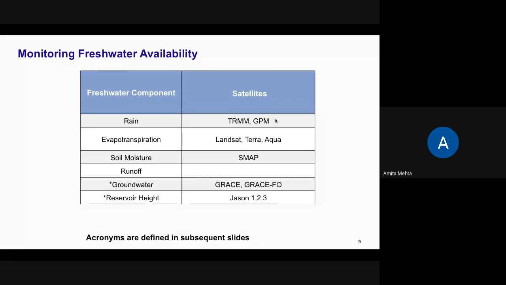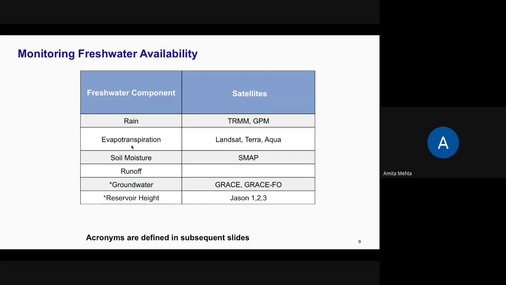These are joint missions between NASA and JAXA, the Japanese Space Agency. TRMM was the first satellite that carried a microwave radar in space, and GPM then improved on it and also has a dual-frequency radar. So these satellites now provide precipitation records based on microwave radiometer as well as radar.